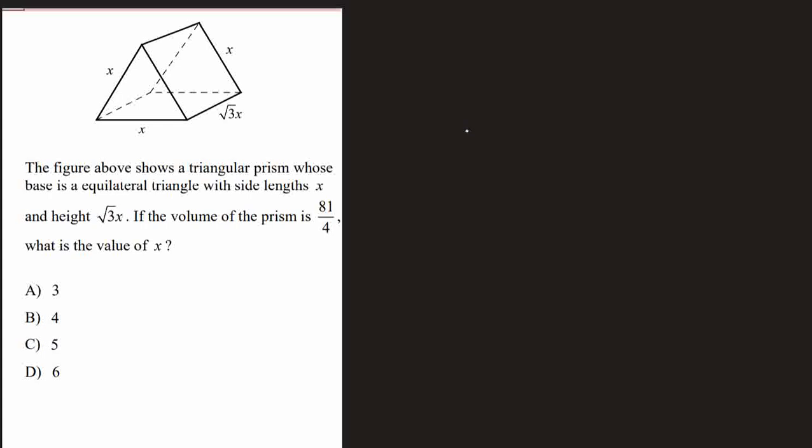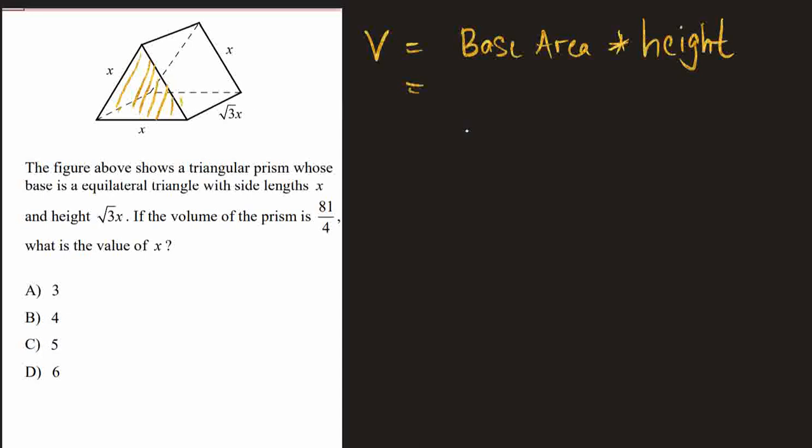Now again, the volume of a prism, of all 3D shapes, is base area, or I write BA, times the height. Now the base area in this case is the area of this triangle, times the height, in this case square root of 3 times x.